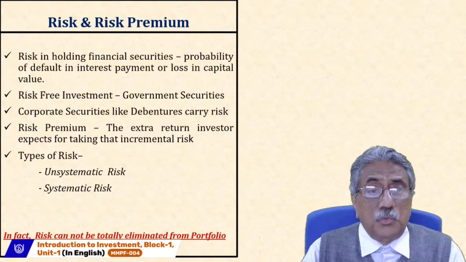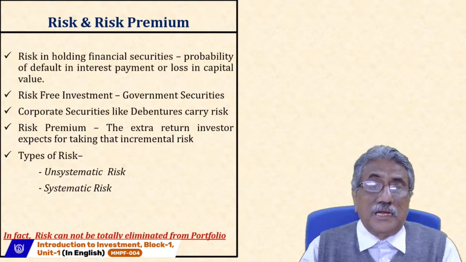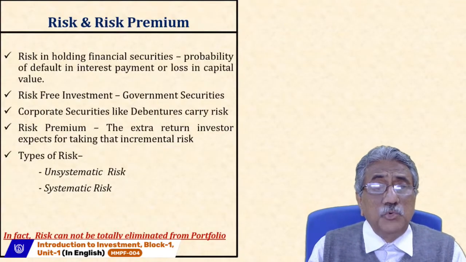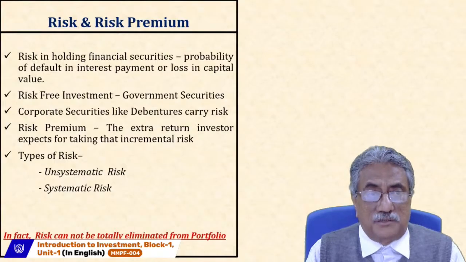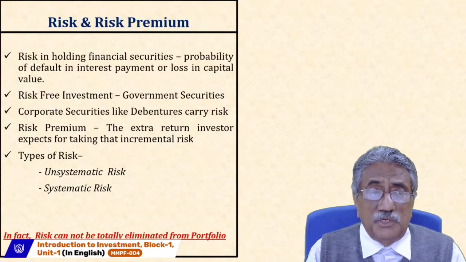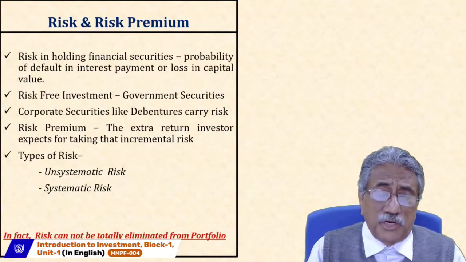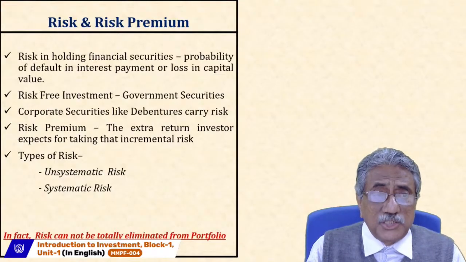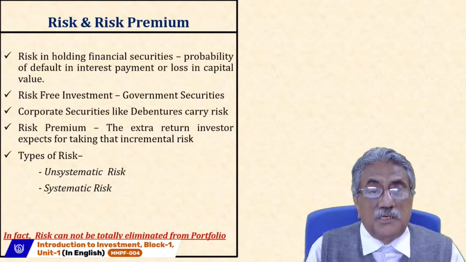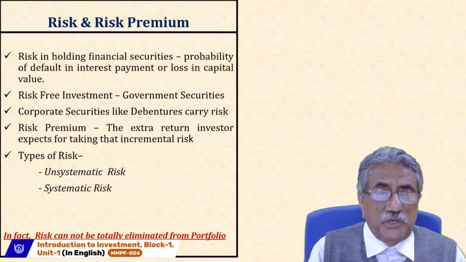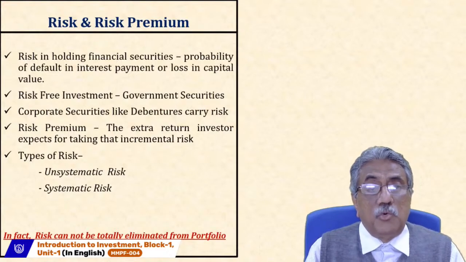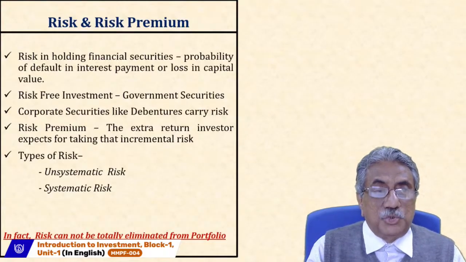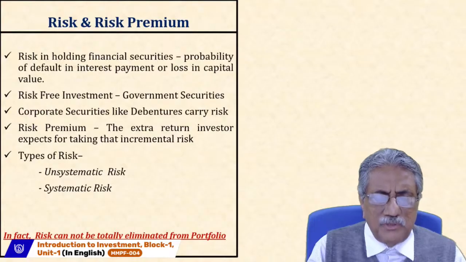Now these are cases where you are getting a fixed return and return of the principal at the end of the term. But when it comes to equity, that's the high risk. Because if a company makes profit, you will get money. If the company does not make profit, you may not get money. So your expected return is much higher there. That is why when people invest in equity or equity-like mutual funds, that is pooled equity, their expected return will be higher than the risk-free return, say 6.5, for example.